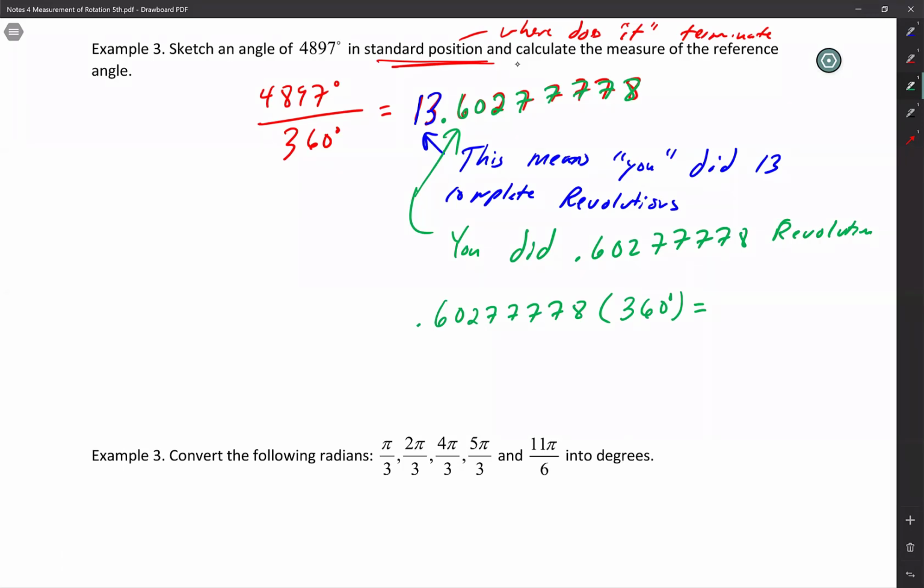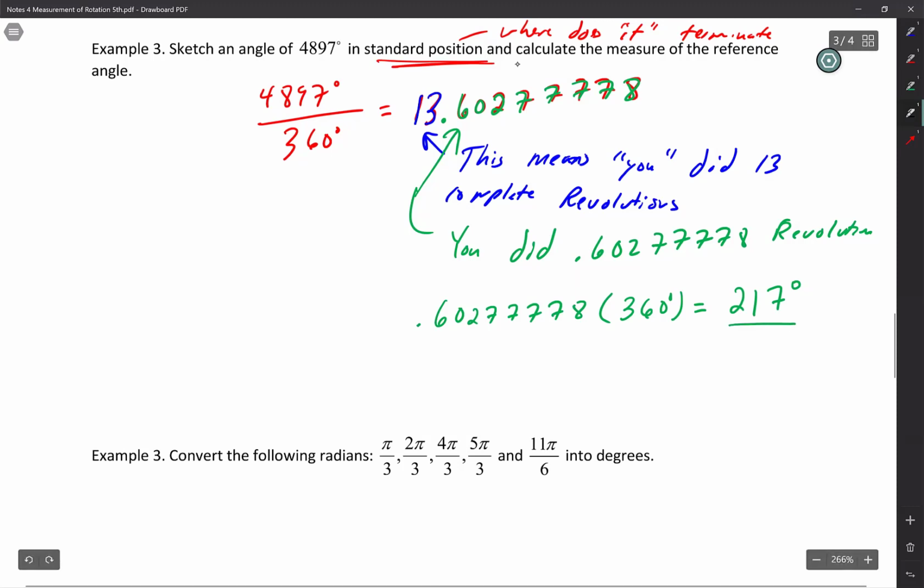If you didn't do anything funky, the calculator should give you a perfect 217 degrees. If you did something funky, it's going to give you 216.9999999 or 217.000001. But I didn't do anything funky, so it gave me a perfect 217. And now that I have 217 degrees, I know where this angle is at. That 217 degrees is in what quadrant?